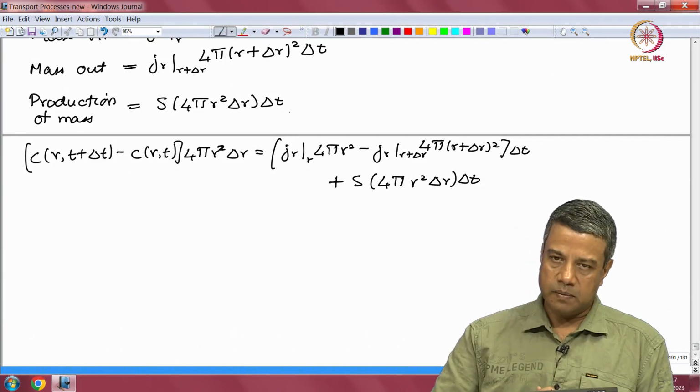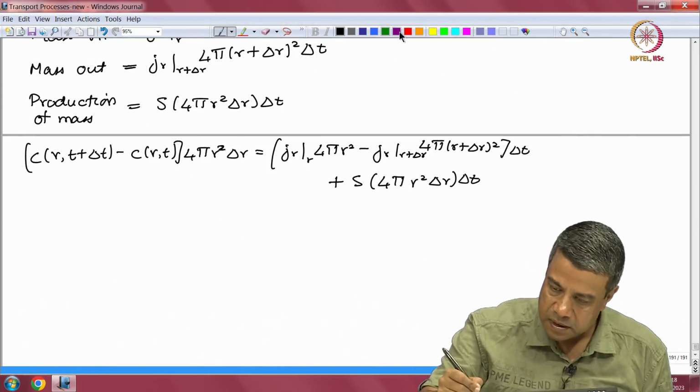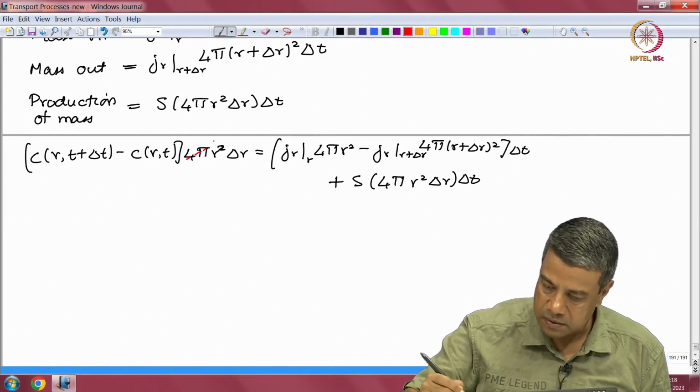I divide throughout by 4 pi r square delta r delta t. These factors of 4 pi will cancel out on all sides.